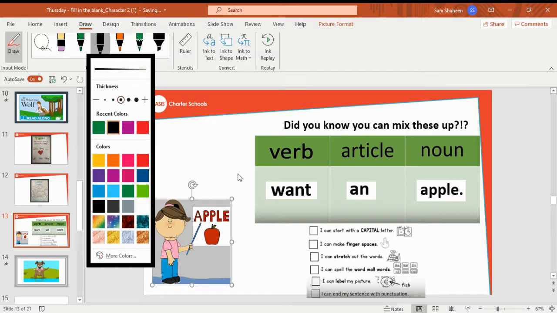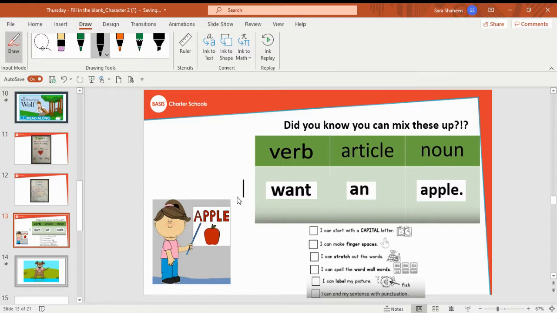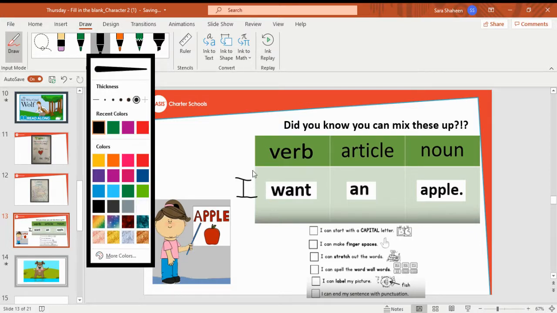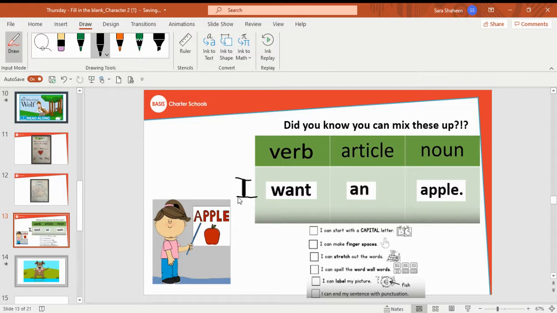What if we said, I want an apple? Does that make a complete sentence now? Yes. Now it's a complete sentence. I want an apple. Do you see how we did that? It's a different structure, but it is still a sentence. We can complete a sentence in a different way.